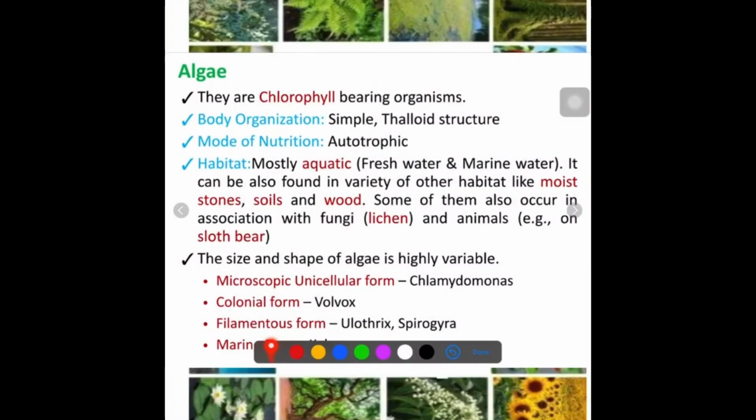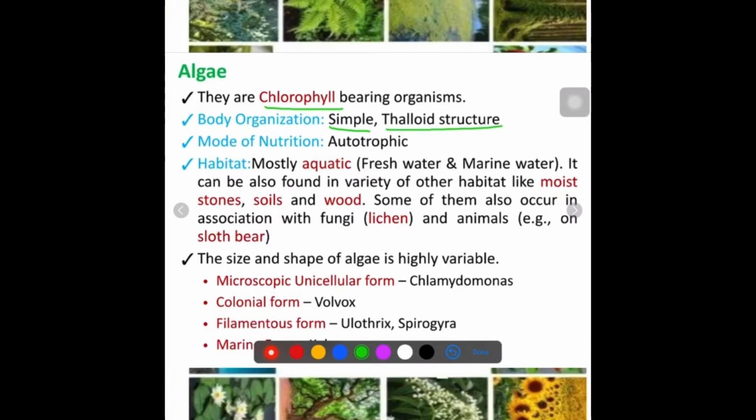Now, today we are also going to discuss regarding the algae. But before we discuss the types of algae, I will just tell you the general information about the algae, what you have learned in the previous session. So what is an algae? The algae, they are the chlorophyll bearing, means they are the plant and they are chlorophyll bearing. If you say it's a body organization, it is very simple. The organs are not divided into root, stem, leaf.